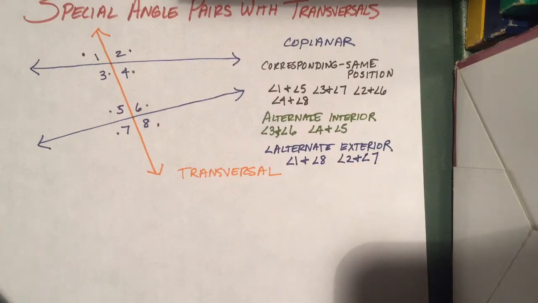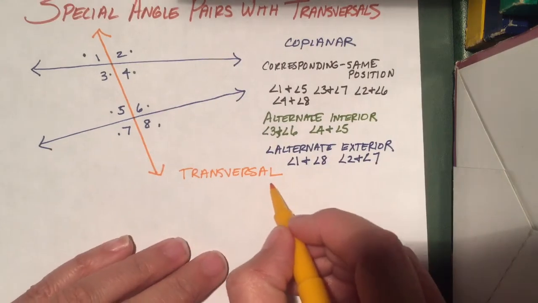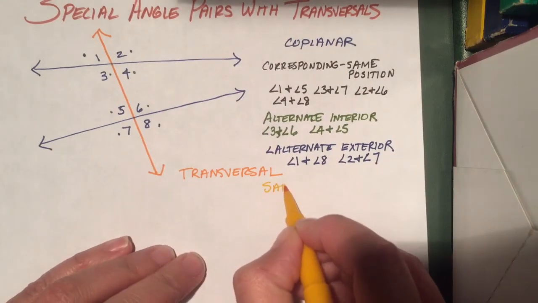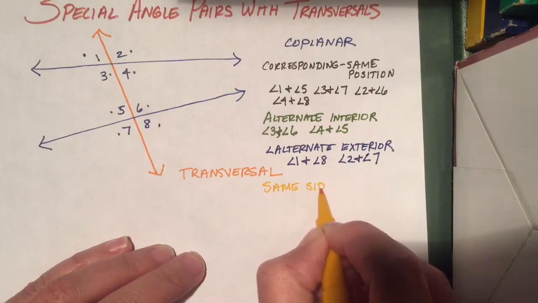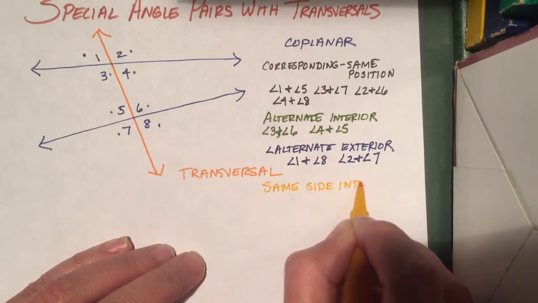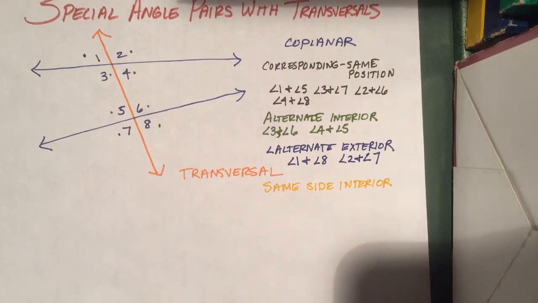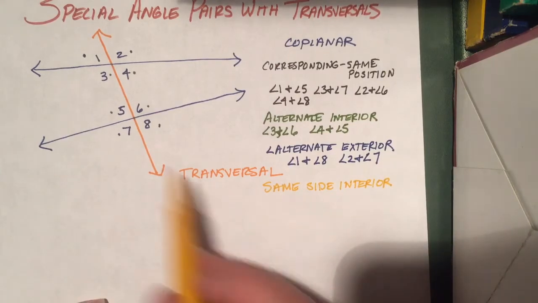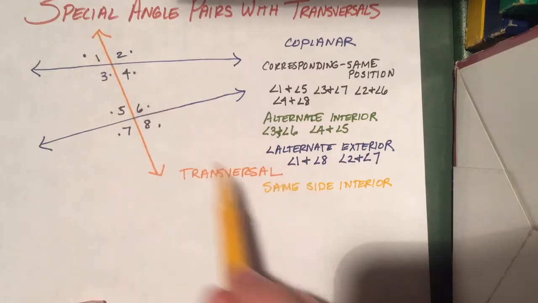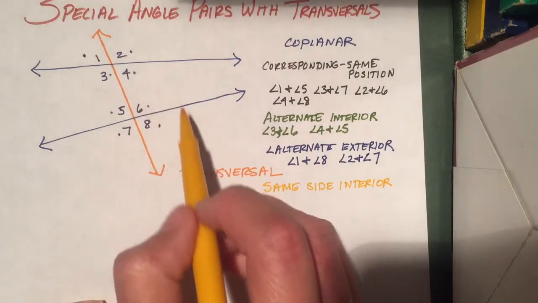We do have 2 more types of angles that we're going to look at. And the first pair that we're going to look at are our same side interiors. Again, look at the vocabulary and look at the names of the angles. That will help you with what they're doing and what their position is. Same side means they're going to be on the same side of the transversal. Interior means they're both going to be inside.